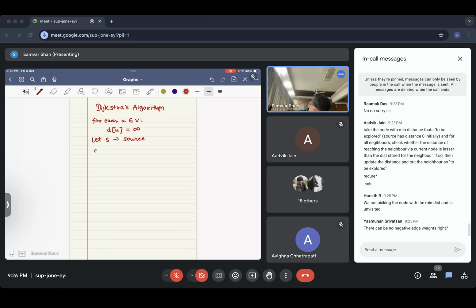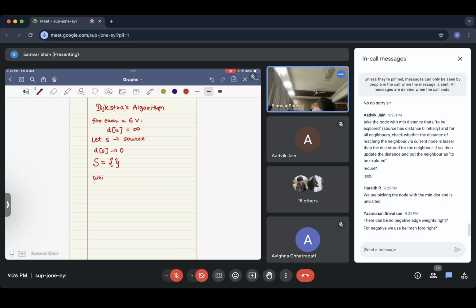So then distance of S is equal to 0. And let the set capital S equal to the null set. Then, while the chat message: yes, for negative edge weights, you do use Bellman-Ford. You can use Bellman-Ford at least, but I don't think we'll be covering that today. We're a bit time bound, sadly.